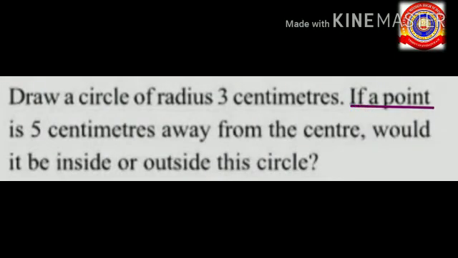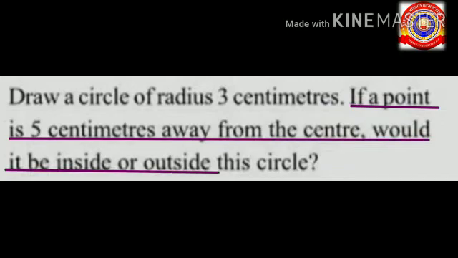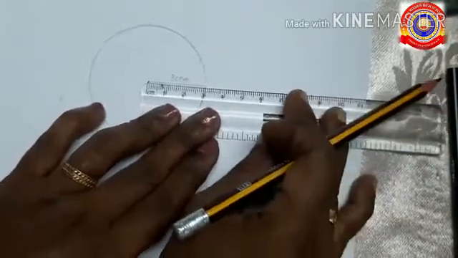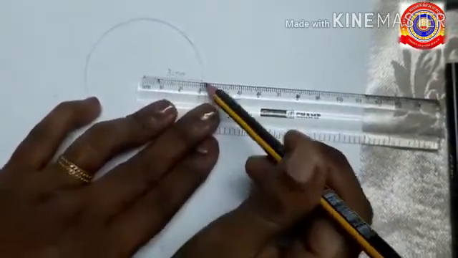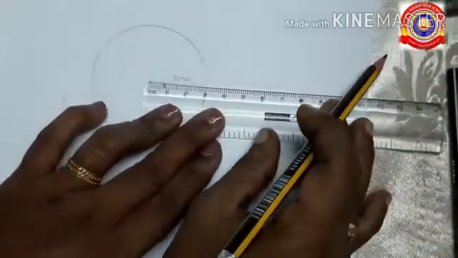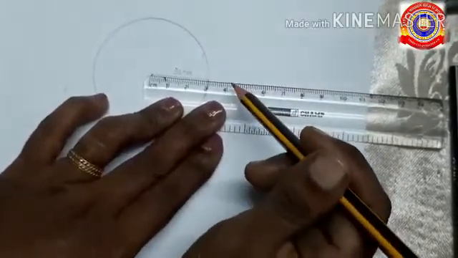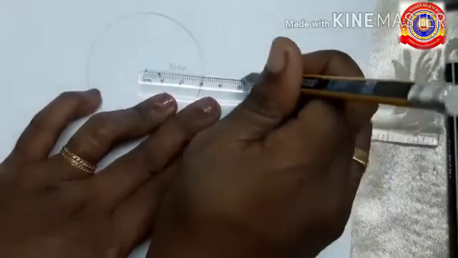Now, the next part of the question, if a point is 5 centimeter away from the center, would it be inside or outside this circle? Here, from the center to a point on the circle, it is 3 centimeter. Then where will be the point 5 centimeter away from the center?